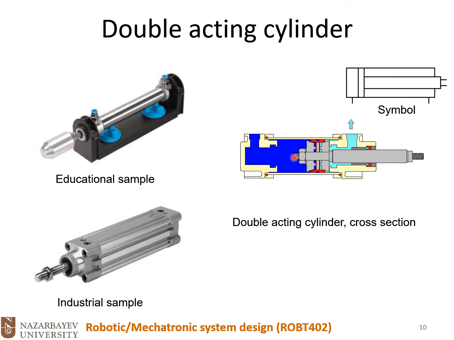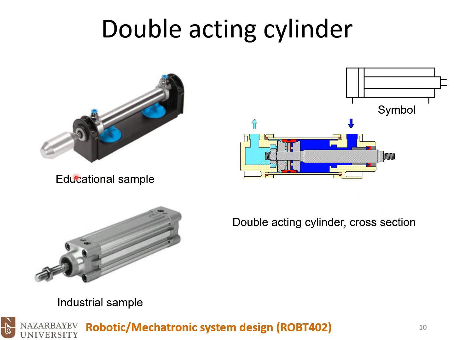To move the piston or the rod forward and backward, to the left and right, we need to pressurize one chamber and depressurize the other. And to move in the opposite direction, we do the opposite: pressurize the other chamber and depressurize the first.